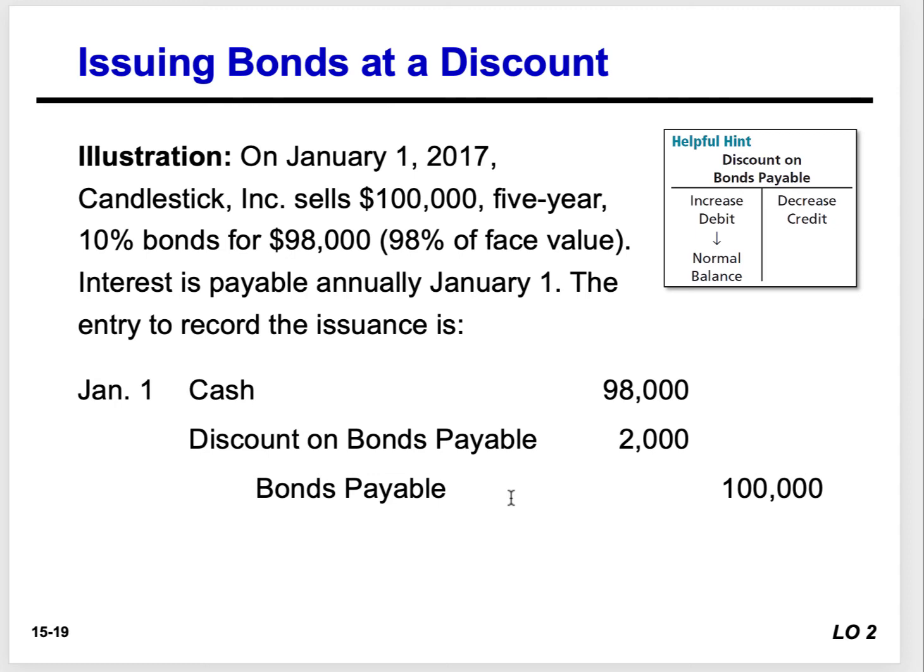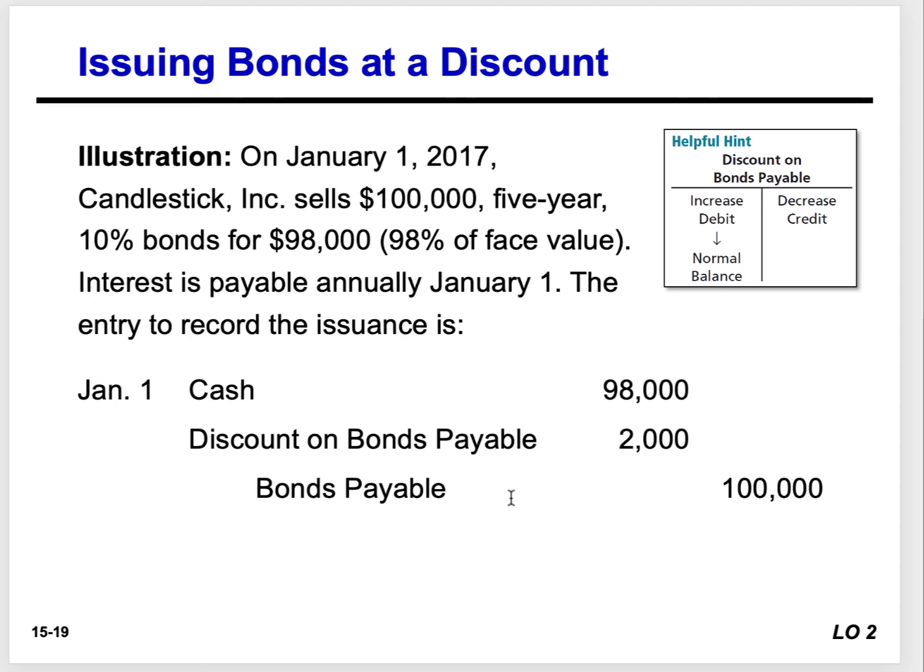So how much do I have to pay out 5 years from now? Don't even worry about present value yet. 5 years from now, I'm going to have to pay $100,000. I know that, so I need to credit bonds payable for $100,000.